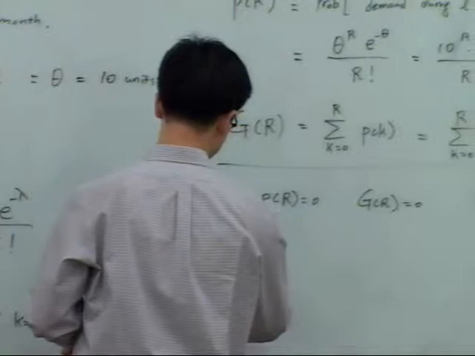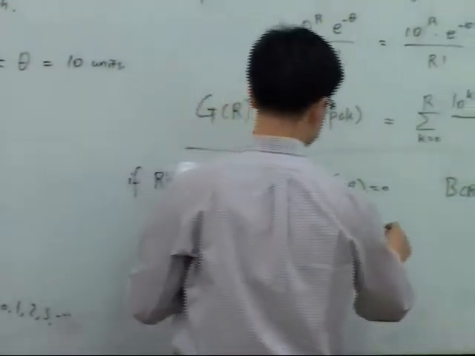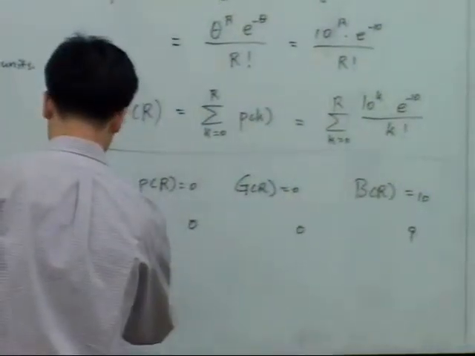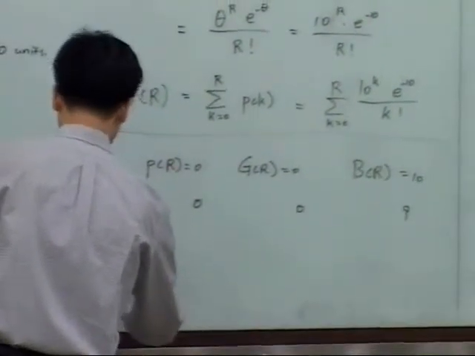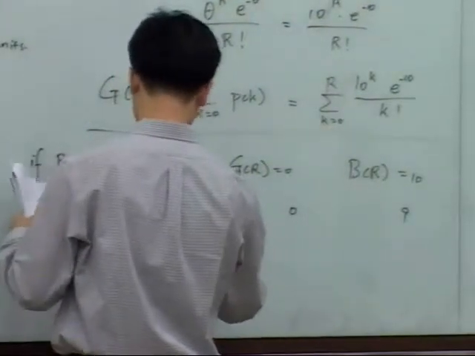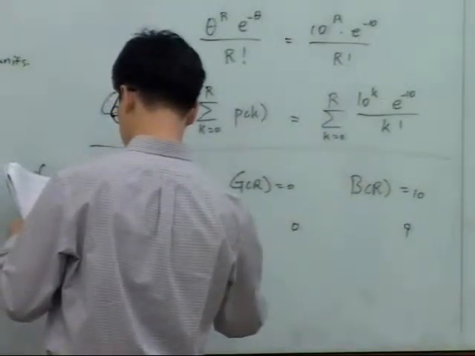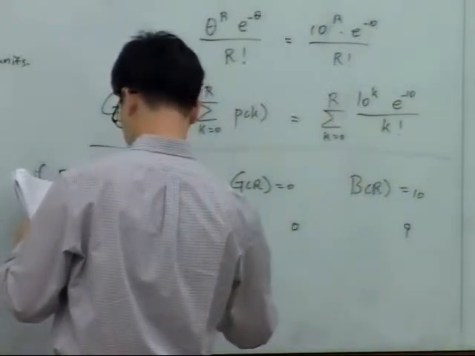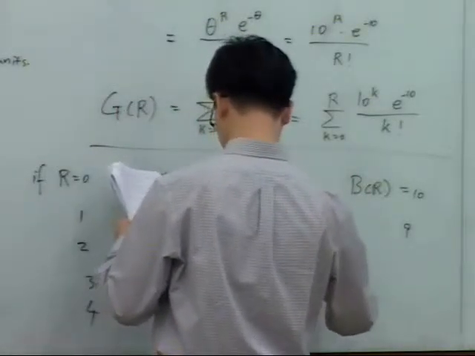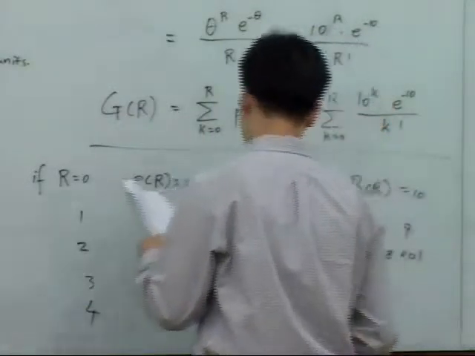If R is equal to 1, then it's still 0, and BR is 9. When R is equal to 2, PR is about 0.002 and GR about 0.003, and BR is about 8.001.